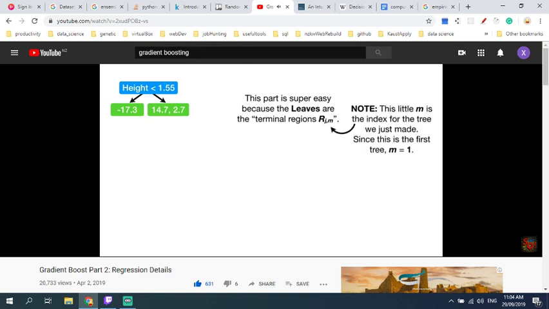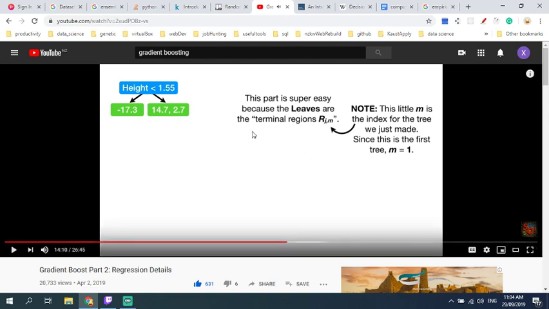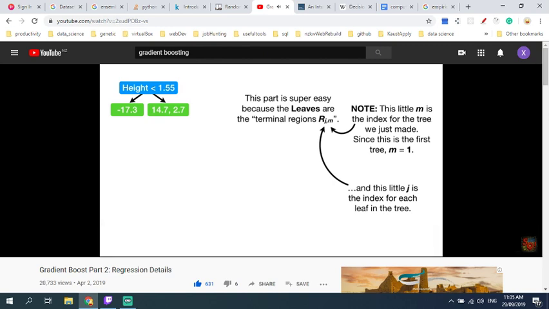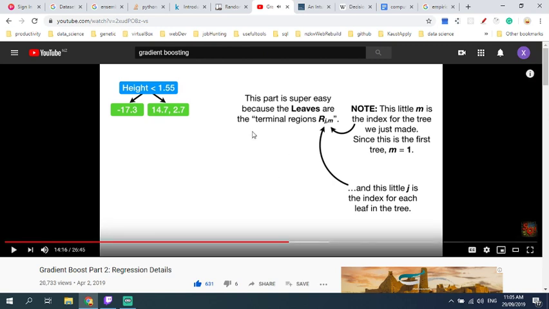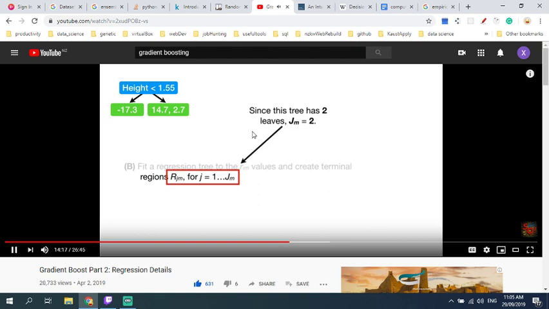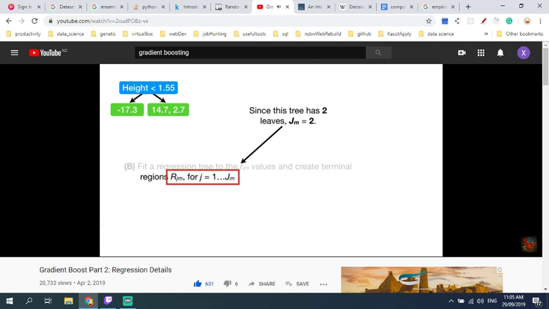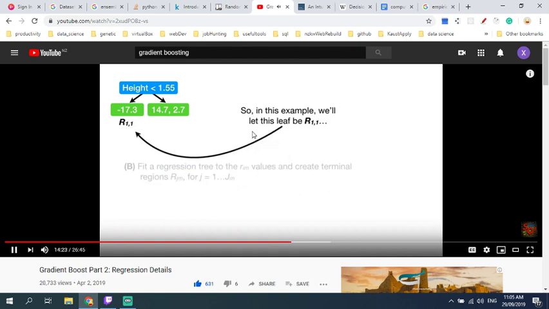Note, this little m is the index for the tree we just made. Since this is the first tree, m equals 1. And this little j is the index for each leaf in the tree. Since this tree has 2 leaves, j sub m equals 2.